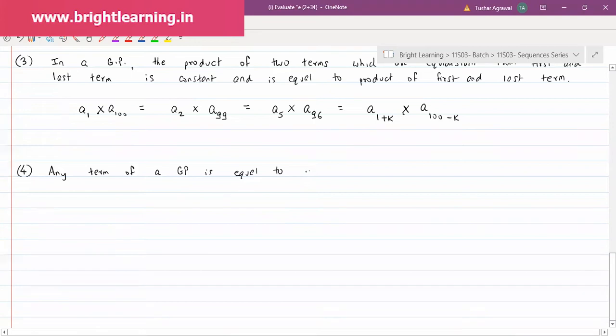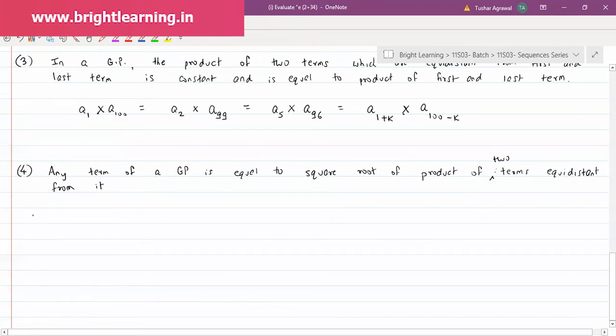Okay, the word two is very important. Product of two terms equidistant from it.